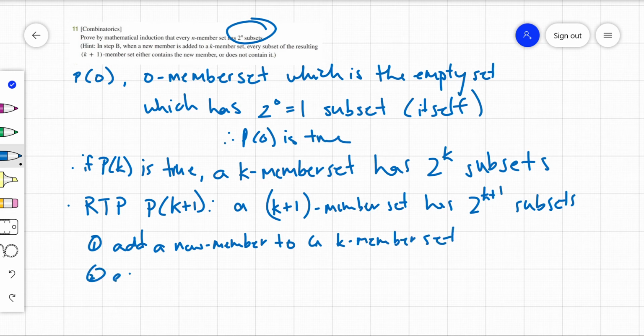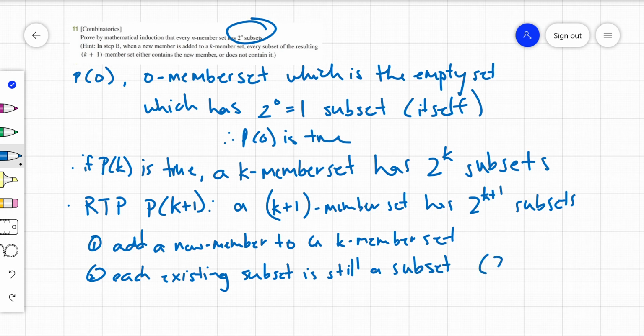So each existing subset is still a subset. So there are 2 to the k of those, and these are all the ones without the new member in them.